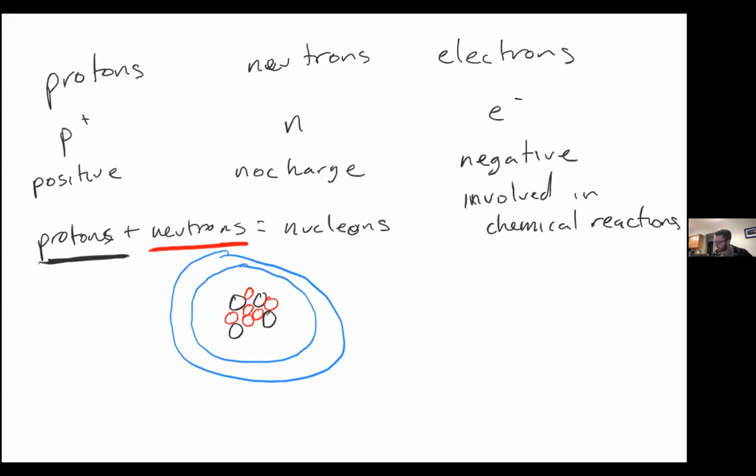Moving on to question 7, we're going to draw electron dot diagrams. I'm not going to do them for all of them, I'll just do a couple just to make sure we're on the same page. Let's start with phosphorus.